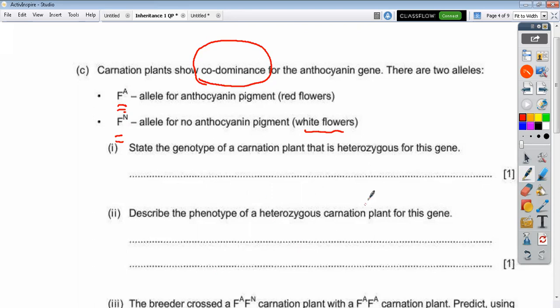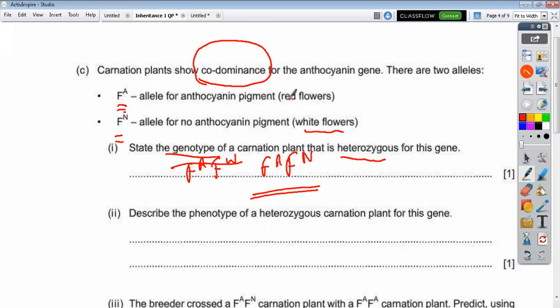So because it's heterozygous, it means I have an allele for red and I have an allele for white. Oh, sorry, FA, according to the person, FN. Do we agree? Genotype, not phenotype. Clear? Now, this is where you need to know your colors.